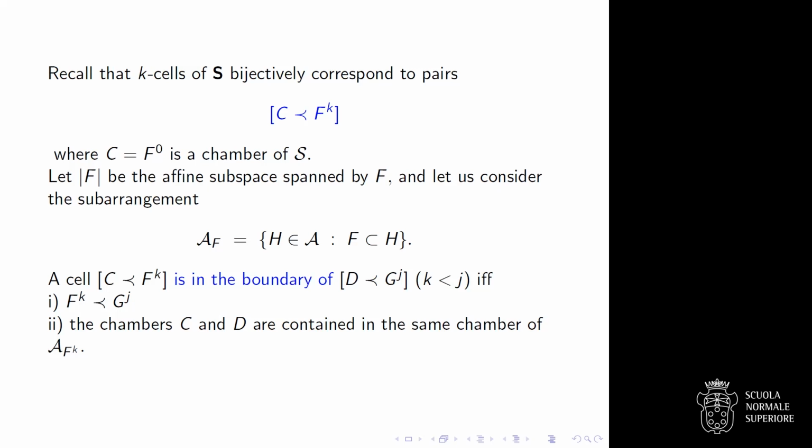The reason is that the second condition required the chambers be contained in the same chamber of the other arrangement. So if you consider the complexification, this is always true.